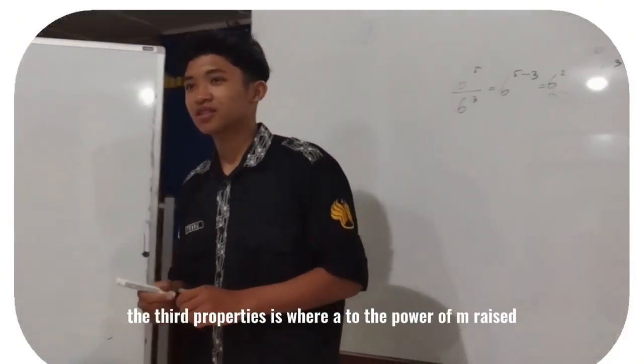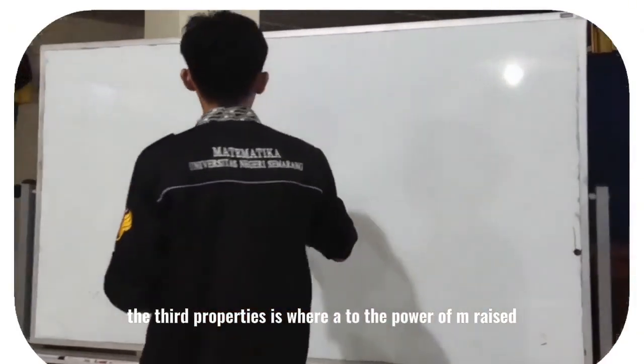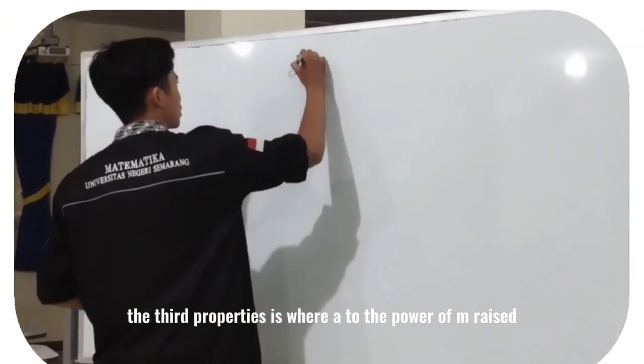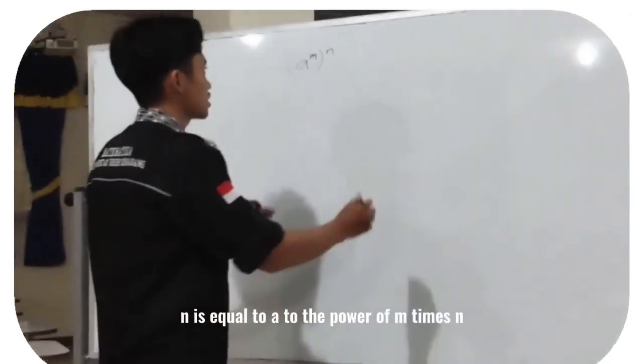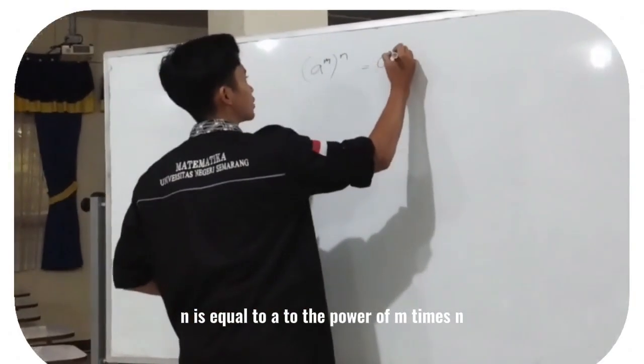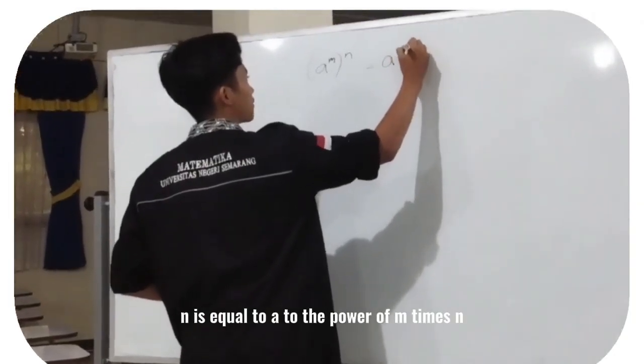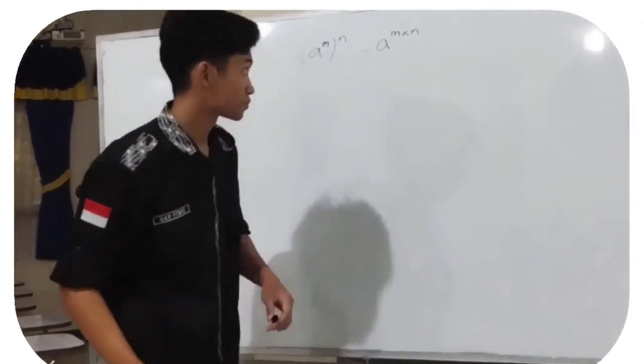Okay, enter the third property, where a to the power of m raised to n is equal to a to the power of m times n.